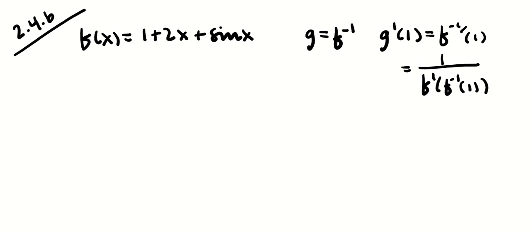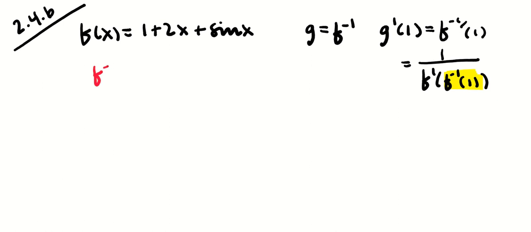And the question is, what is f inverse of 1? I'm going to go over here, and maybe in red, I'll say f inverse of 1 is the solution to the equation f of x equals 1. When it's algebraic like this, it's going to be the most obvious thing.